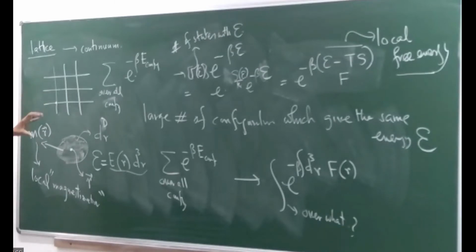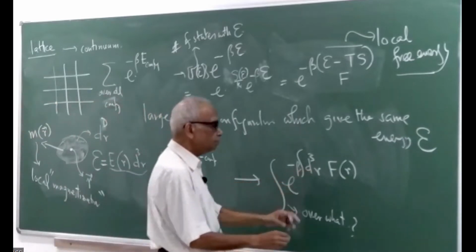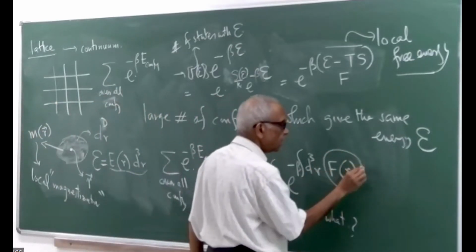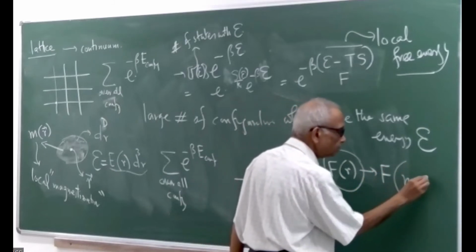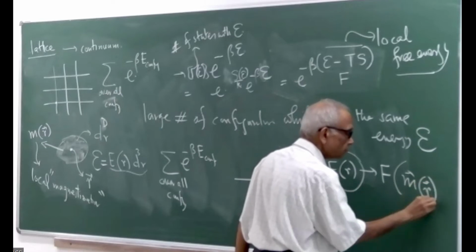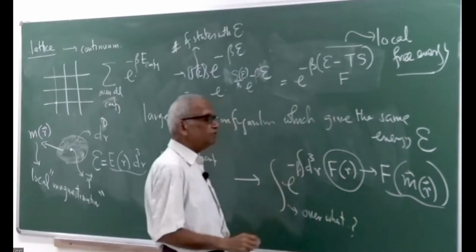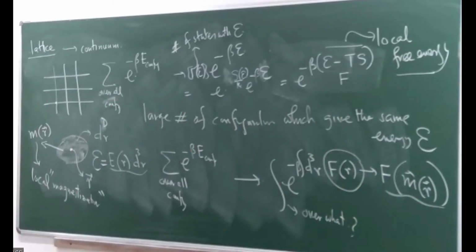So this local thing is a function of m. The local free energy is to be written in terms of the local magnetization.